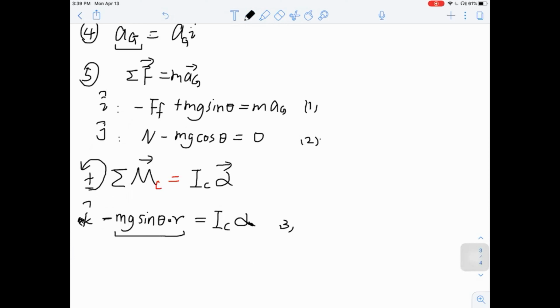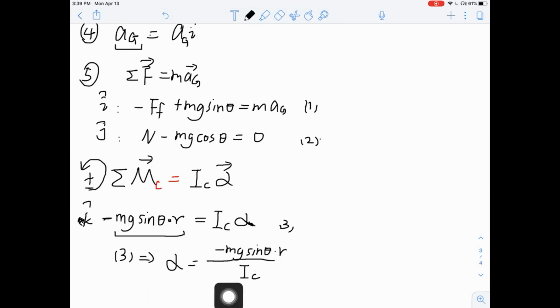If we look at just the third equation here, we can find the expression for alpha. Alpha equals mg sine theta times r divided by I_C.